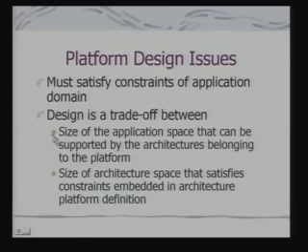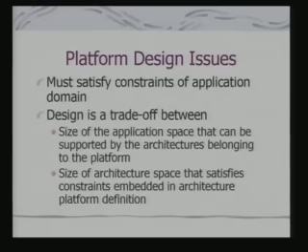This talks about coverage of the application space. What are the different aspects of the application space being addressed by the platform. This refers to the architecture space, what kind of flexibility you are giving to a product designer to explore alternate architectures for implementing functionalities.